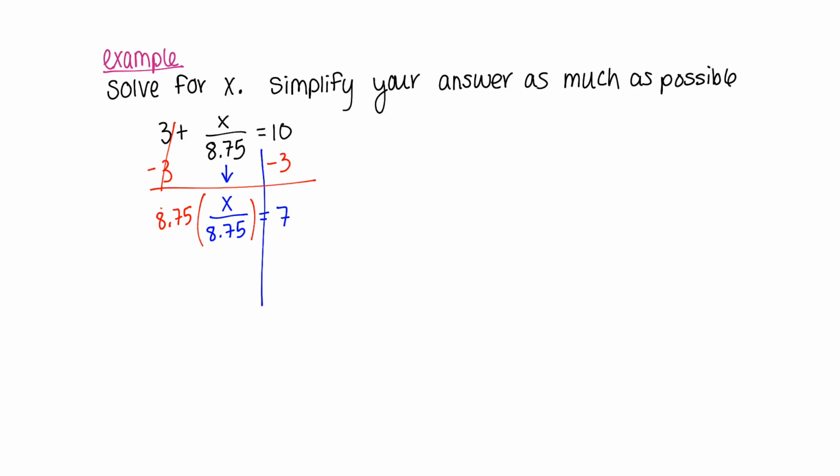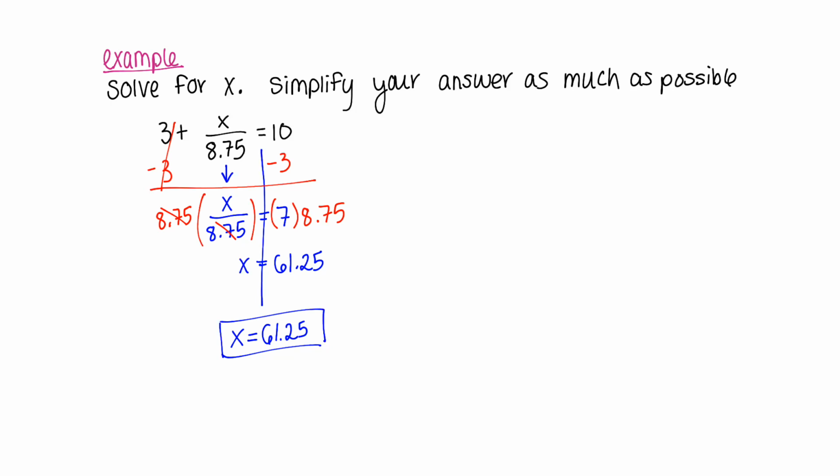We're multiplying by the denominator so that those cancel. So 7 times 8.75, I'm doing that on my calculator. That gives me x equals 61.25 as an answer. Now, I'm not going to check that right now, but you could plug it back into this original one and check that answer if you needed to.